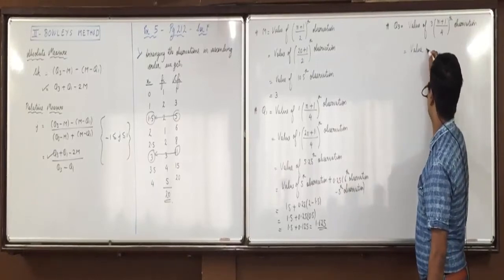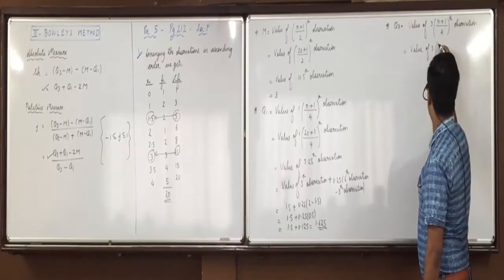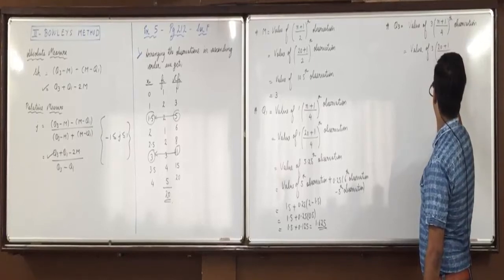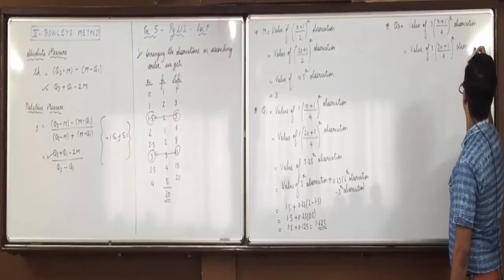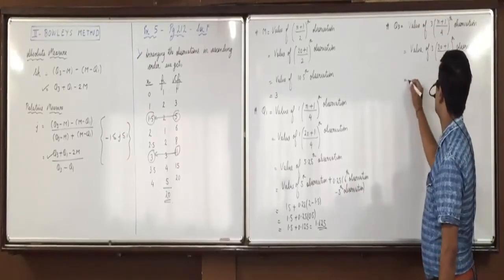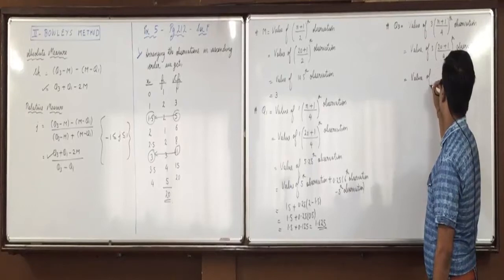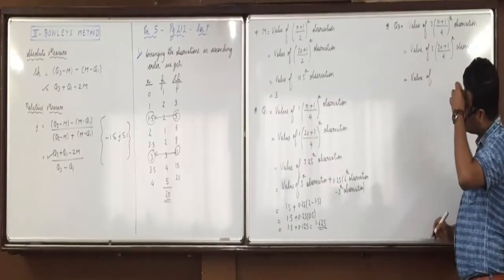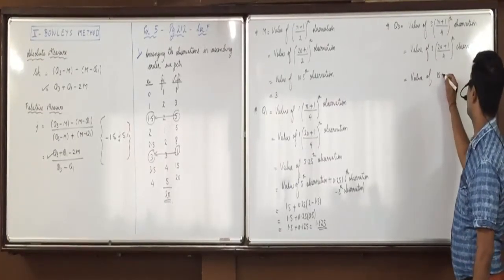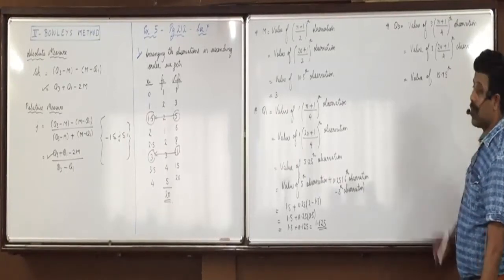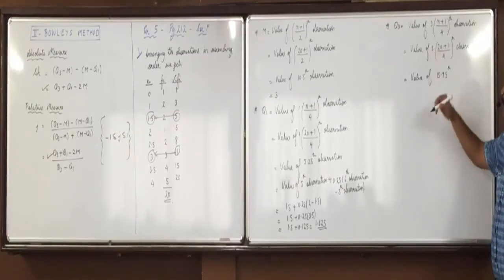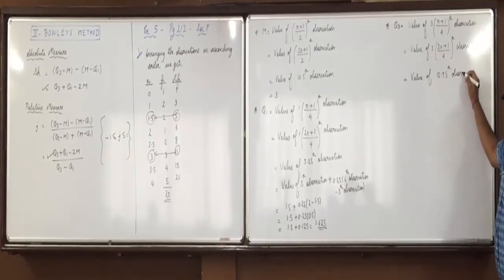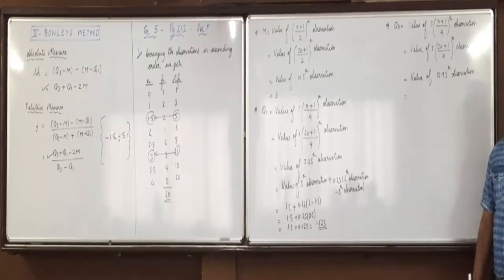So value of 3 into (20 plus 1) upon 4th observation. Now this comes to 15.75. First you will always solve the bracket. Means first you do 20 plus 1 upon 4, then multiply with 3. So 15.75th observation.